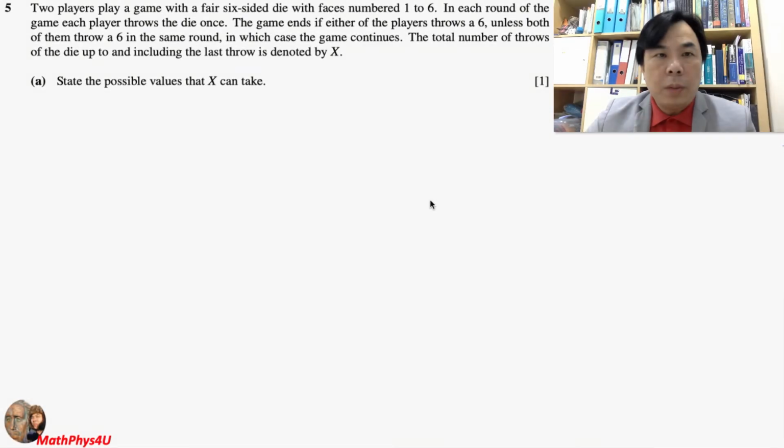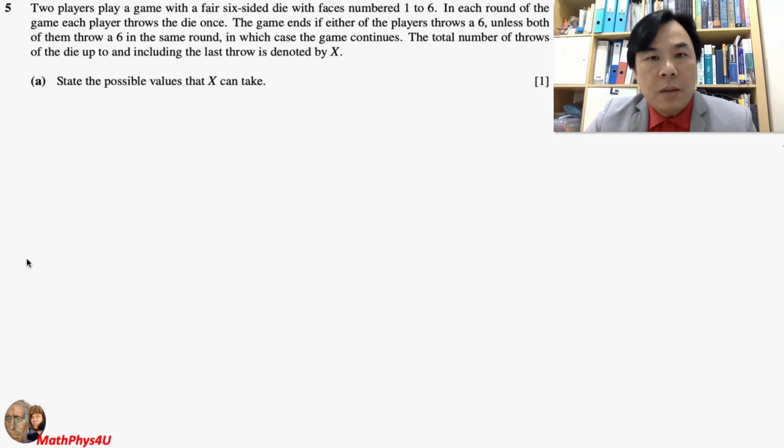Hi guys, welcome back. This is the question that we are going to solve today. Let's read through the question before we start. Two players play a game with a fair six-sided die with faces numbered 1 to 6. In each round of the game, each player throws the die once.